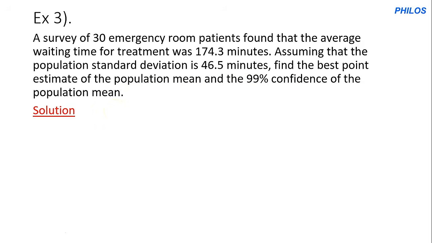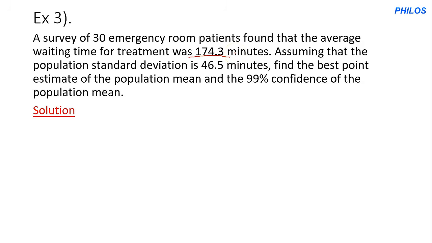So to solve this, the first question asks that find the best point estimate of the population mean. Remember that the best point estimate of the population mean is the sample mean. So to answer the first question, you say the best point estimate of the population mean is 174.3 minutes. That is the average. Okay. You take the sample mean as the best point estimate of the population mean.